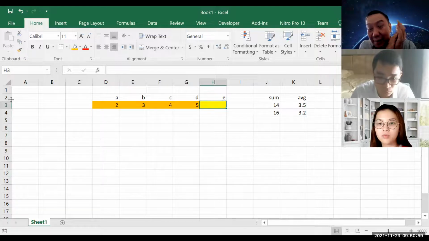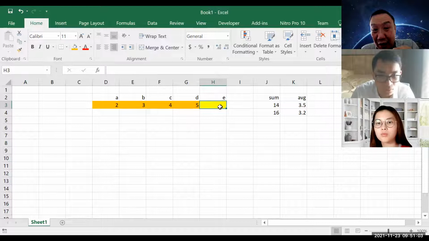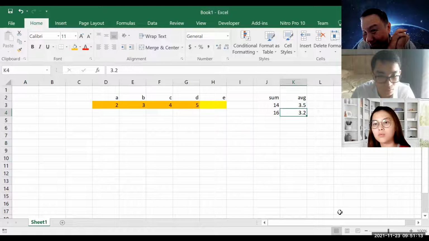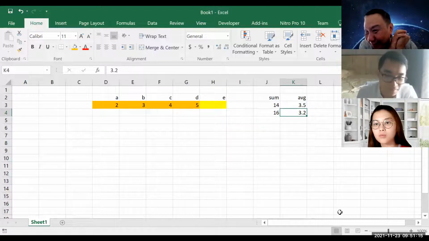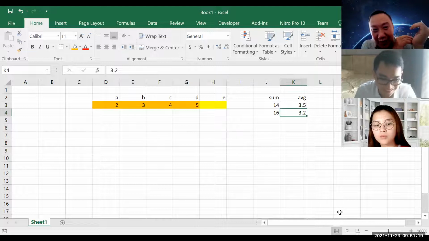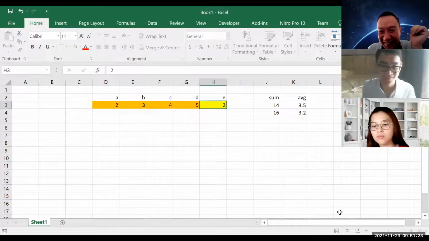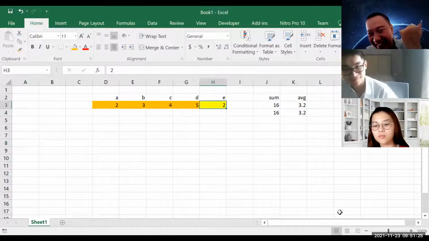My question to you: what is the value in E so that the sum will be 16 or the average will be 3.2? Very easy, right? 2. Of course, 2. Very good.